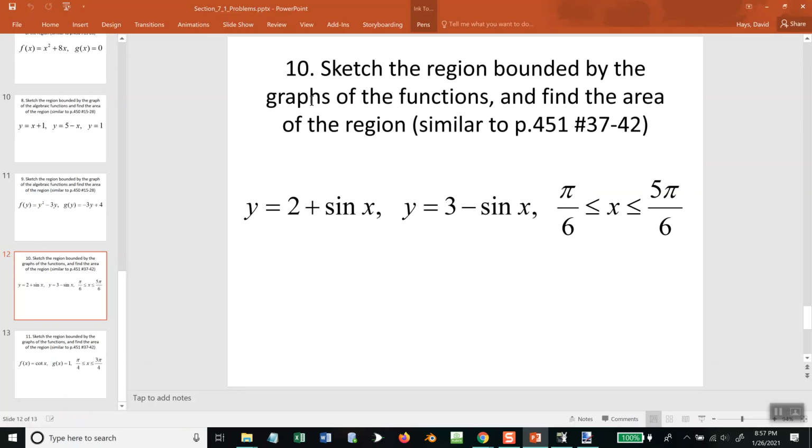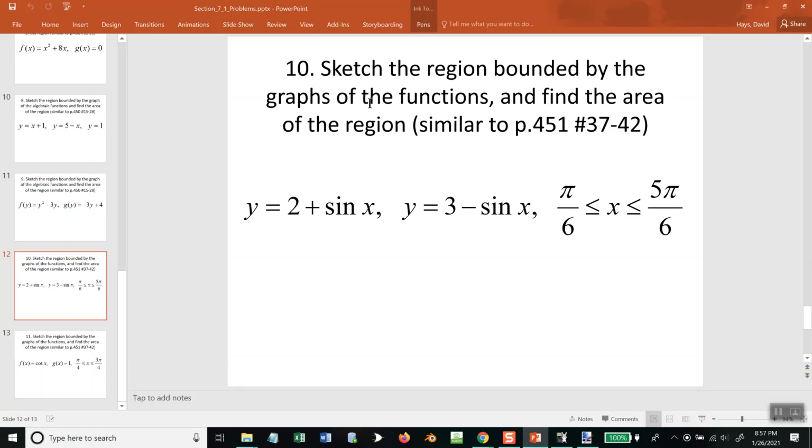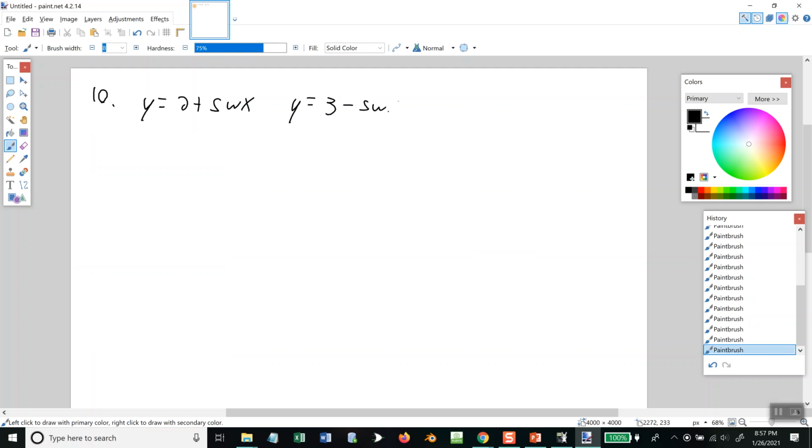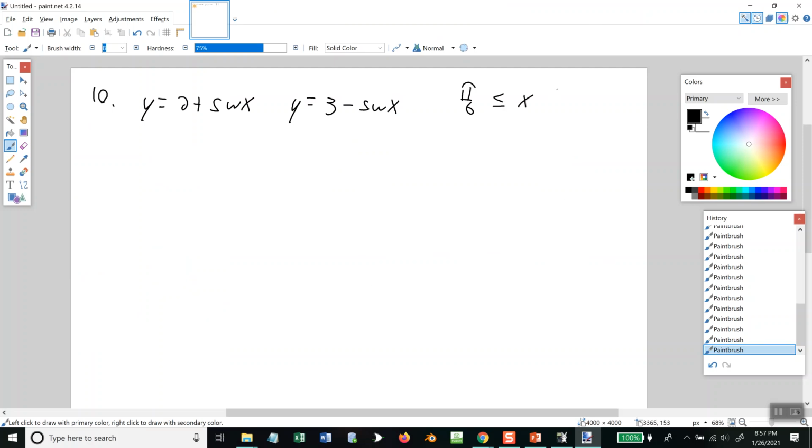y equals 2 plus sine x. y is equal to 3 minus sine x. Okay, so we'll graph this.